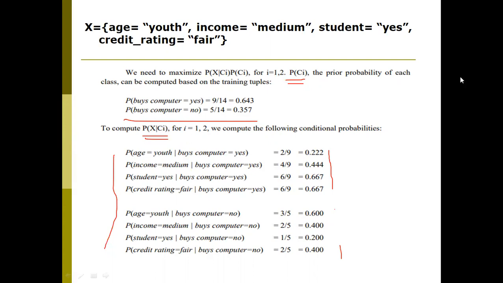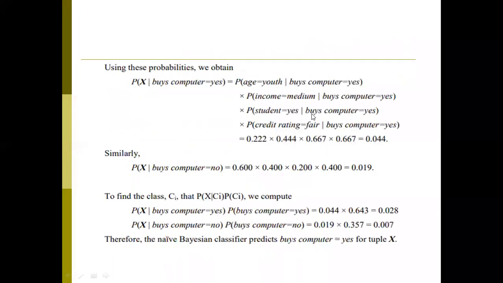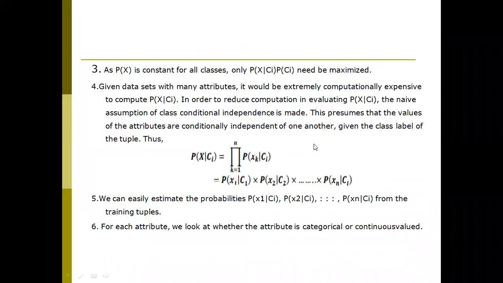What we have seen in the previous slide. I'll show you that. This is the formula we have, right? So till now we have calculated multiple values. Now we are going to multiply all the values, then we will get the result.